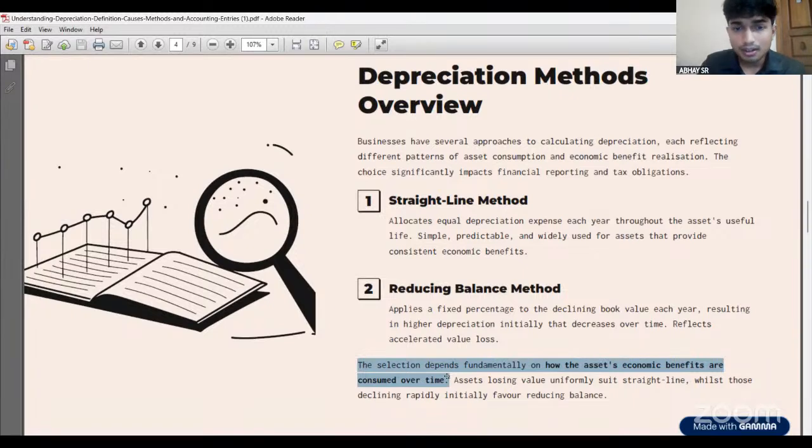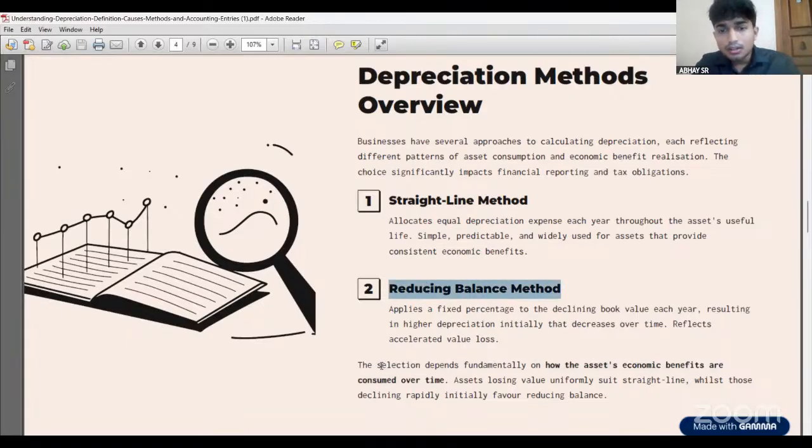I'm just giving some additional information for you to understand what the straight line method and the reducing balance method are, so that there won't be any confusion in future. Assets losing value uniformly suit the straight line method.